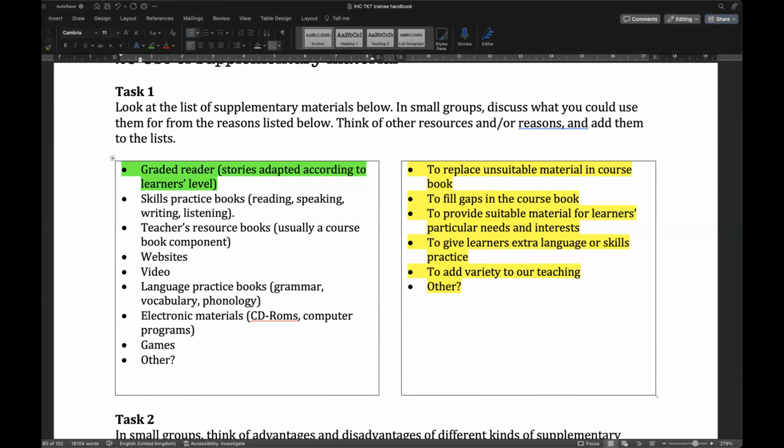And electronic materials. Well, if you are giving an online class, it's perfect to have a lot of electronic materials. Yes, it's a lot. I think the main electronic material is now the form. And games.